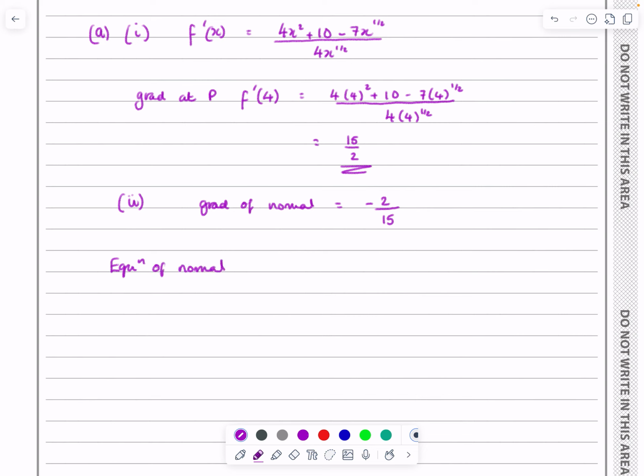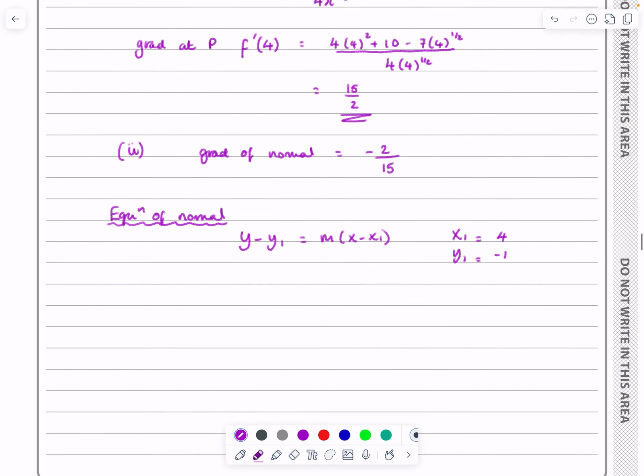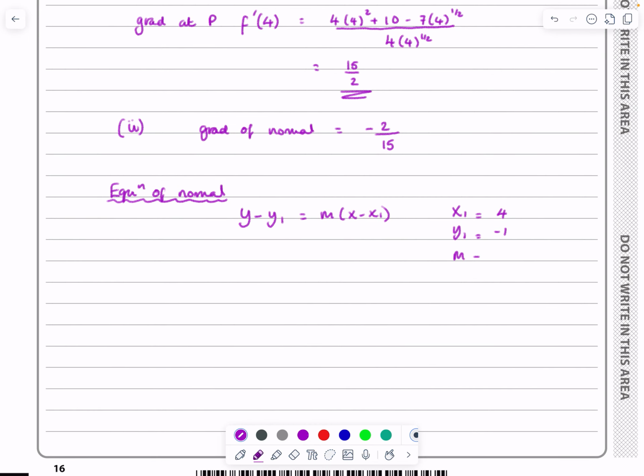You should have done lots of work on this. Finding the equation of a straight line is y minus y1 equals m(x minus x1), if we have the point (x1, y1) on the line, and we do, that's P, so that's (4, -1), and if we have the gradient, and we want the equation of the normal, so in that case the gradient is minus 2 over 15.